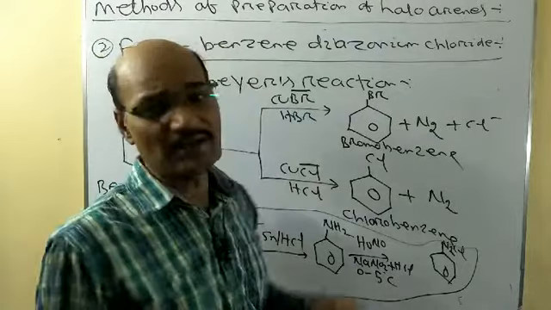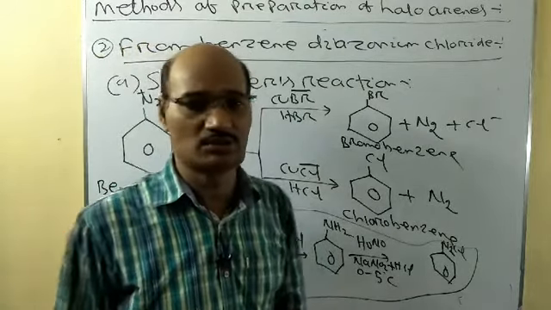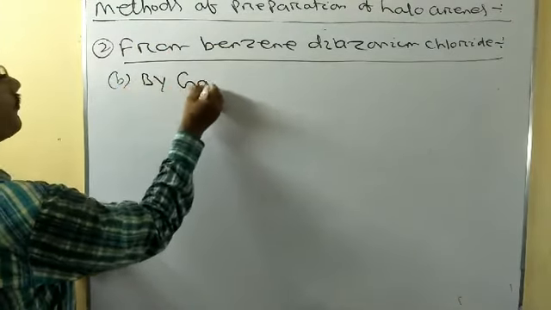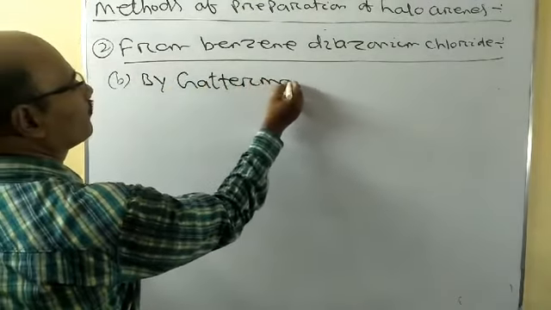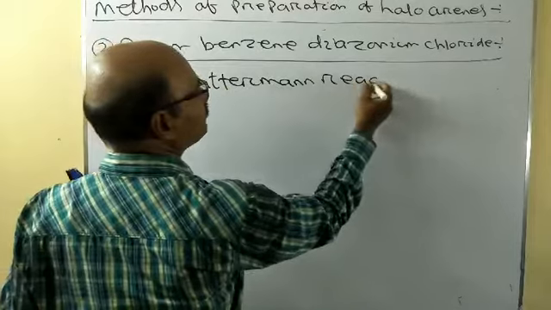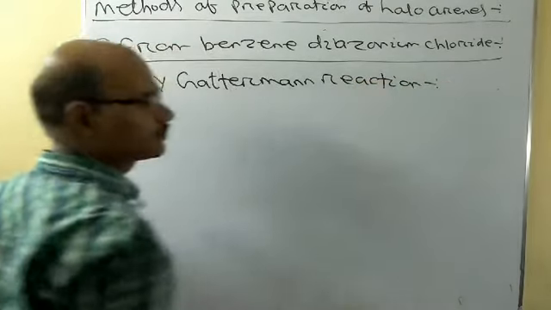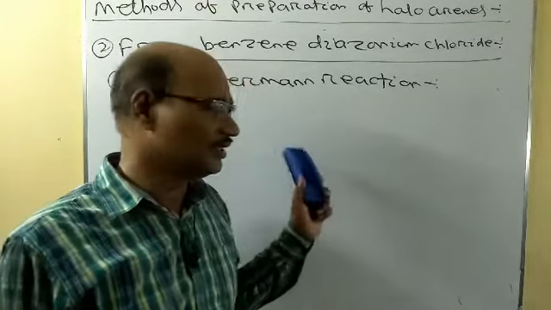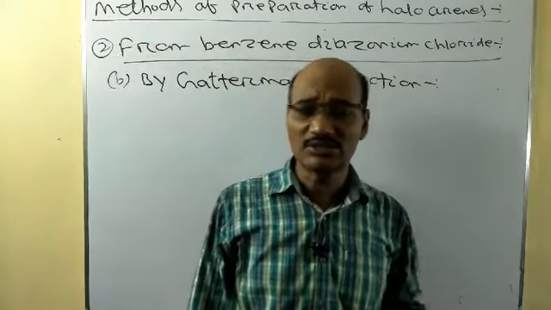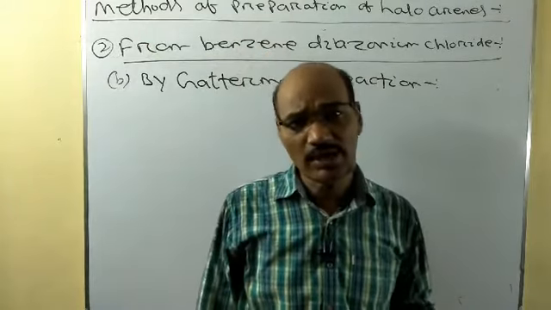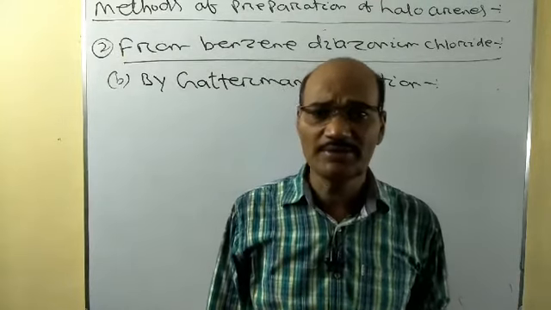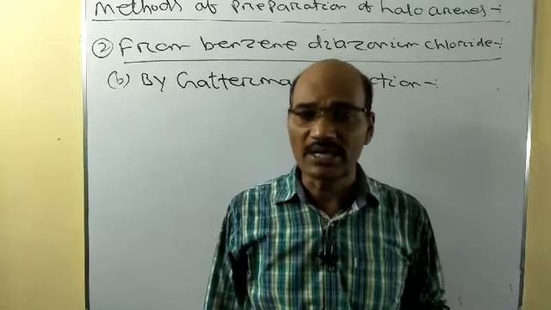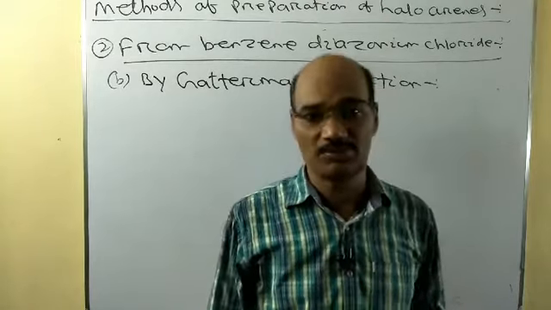This is called the modified Sandmeyer's reaction or the Gattermann reaction. In Sandmeyer's reaction, benzene diazonium chloride reacts with CuBr, HBr or CuCl, HCl. Here the copper halide can be replaced by the copper metal itself.